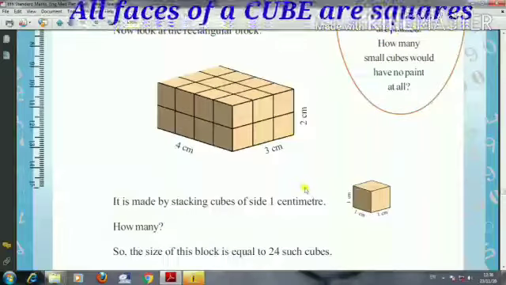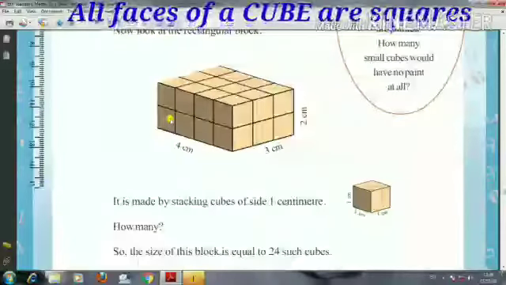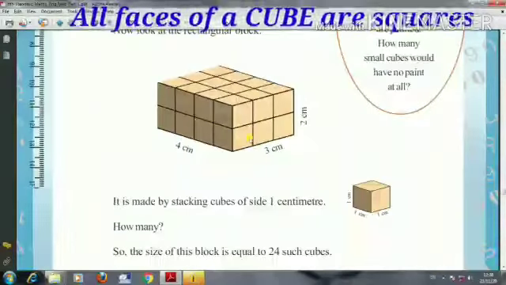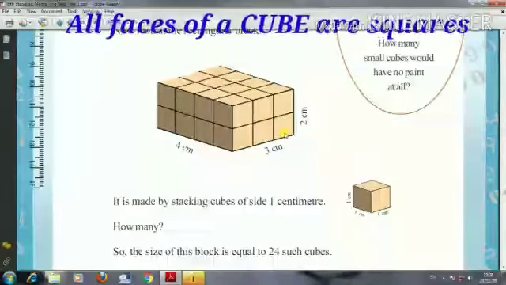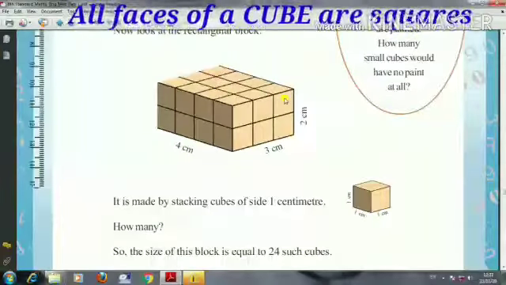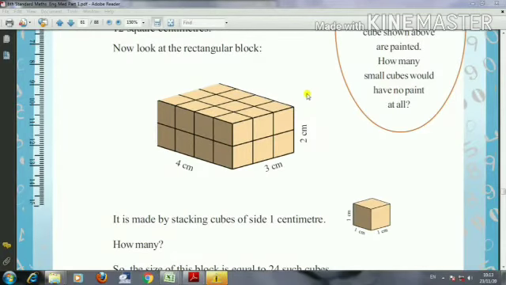So here the shape is made of cubes. How many cubes? Lengthwise we can see 4 cubes, breadthwise we can see 3 cubes, and heightwise we can see 2 cubes. So in our example the shape occupies 4 centimeters lengthwise, 3 centimeters widthwise and 2 centimeters heightwise.